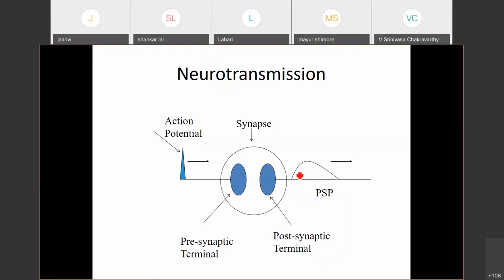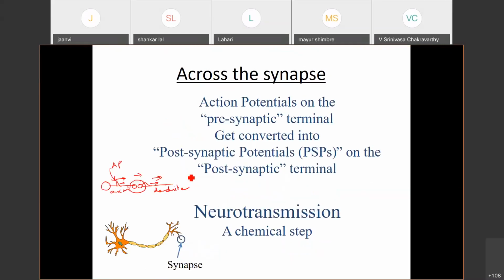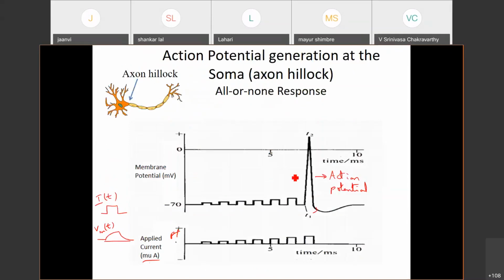Only thing is, the voltage produced on the postsynaptic terminal has a very different shape compared to the voltage signal on the presynaptic terminal. On the presynaptic side, since it's an axon, it's always in the form of action potentials, which have a standard shape and size. I forgot to mention that whenever an action potential is produced, it always has a standard shape and size.